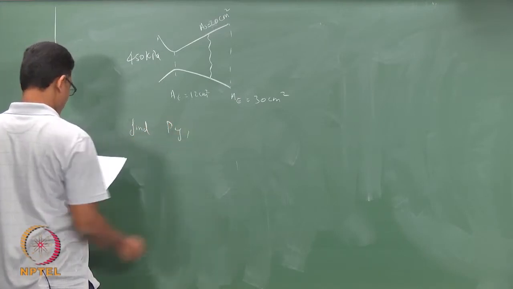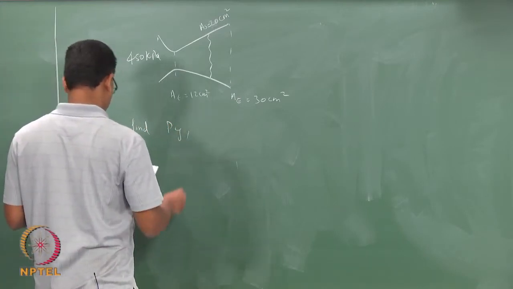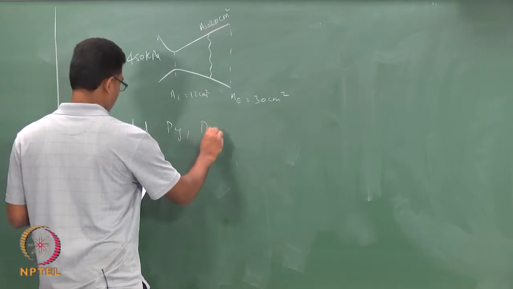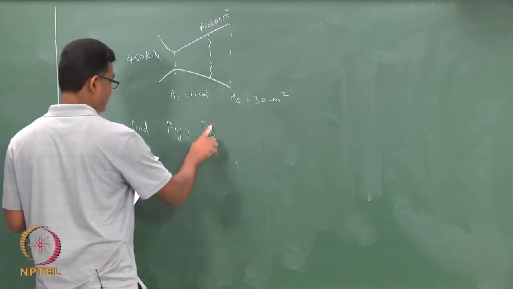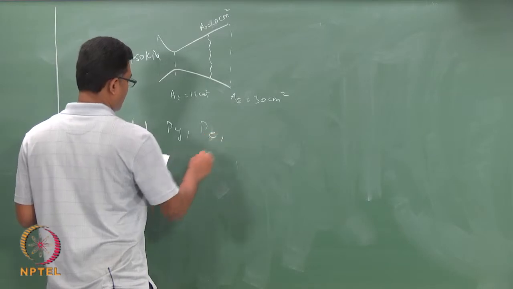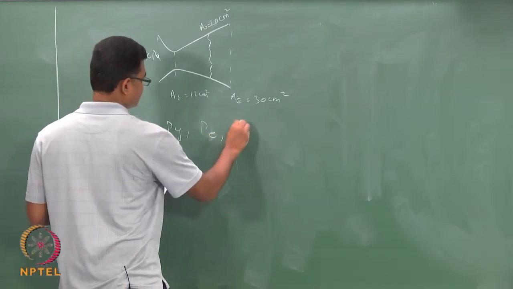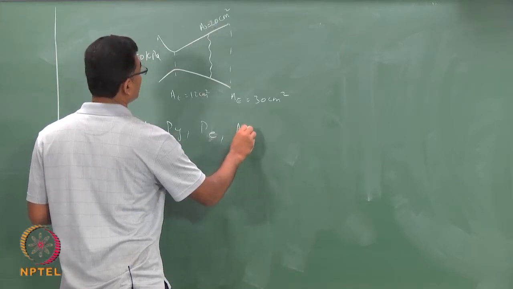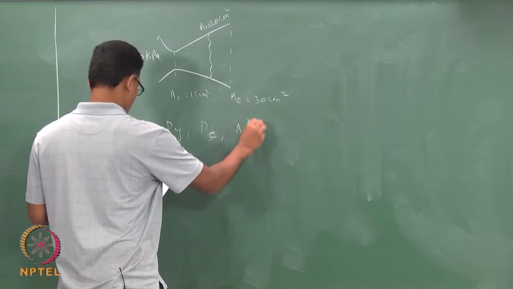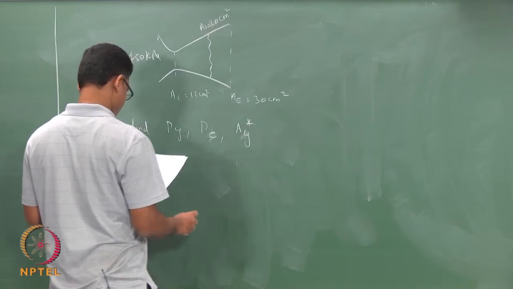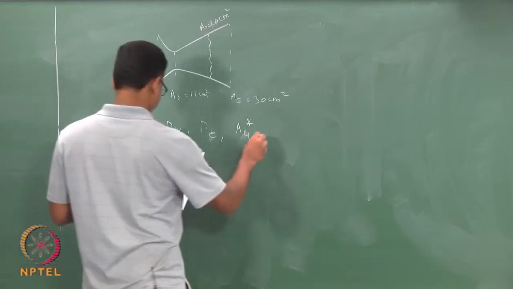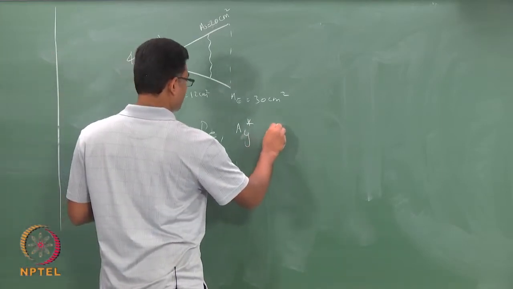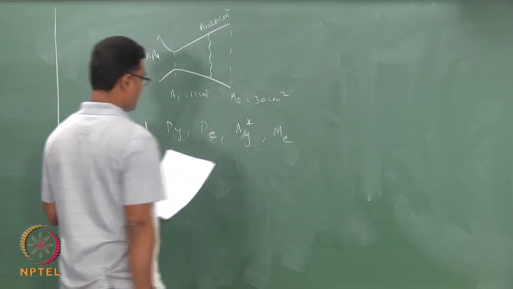Find Py, Pe, Ay star, and Mach number at the exit.